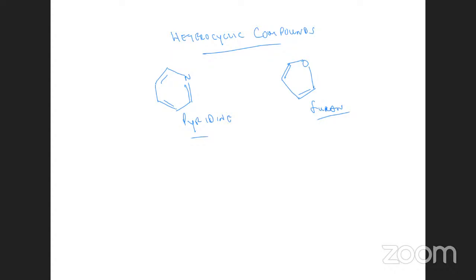So we talked about heterocyclic compounds just to give an idea how it comes. We talked about aliphatic and alicyclic. I'll just go through some of the functional groups now.